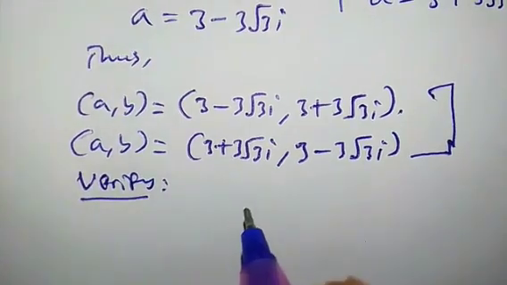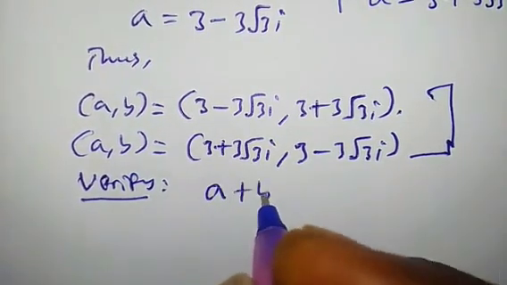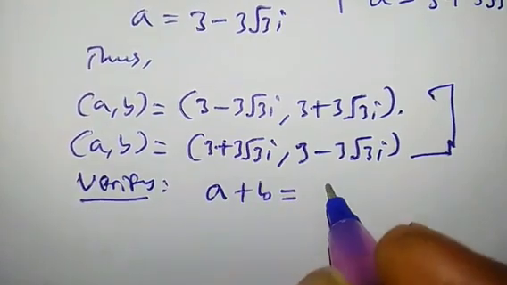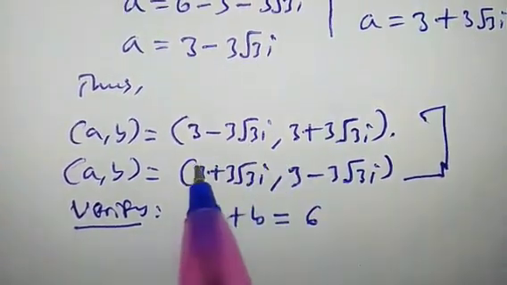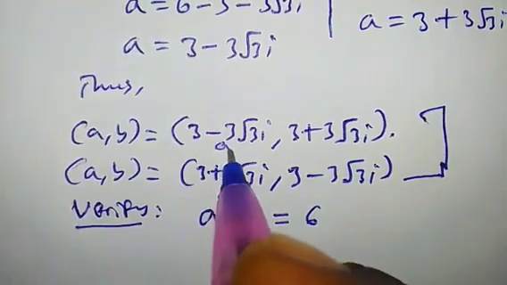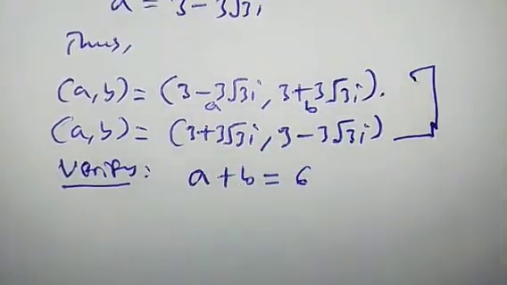We can use equation 1 to verify it, which is a plus b equal to 6. Let's verify the first solution. This is our a, and this is b. We just have to plug it into this left hand side.